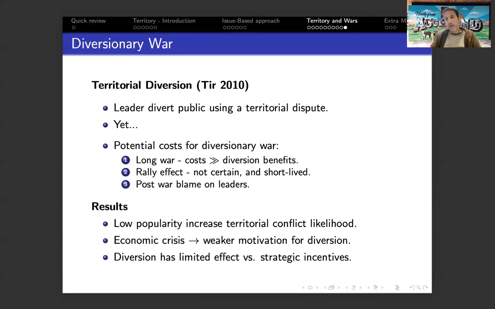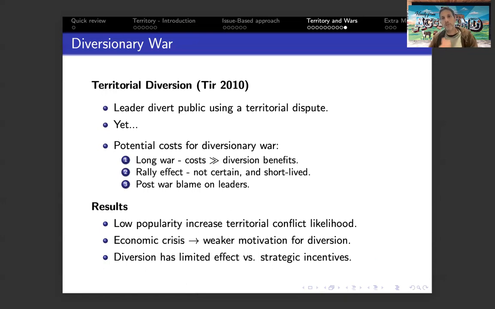Now, in terms of different types of domestic problems, economic crisis is less of a powerful motivation for diversion based on territory compared to other types of domestic political problems, such as social unrest. And finally, he accounts both for diversion factors, right, the low popularity of the leader, as well as strategic indicators, and he assesses the individual effect of each of those factors. He shows that overall the diversionary factors have an effect on the probability of going into conflict over territory.